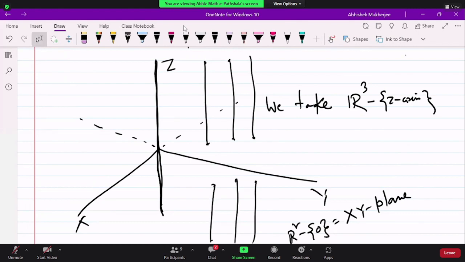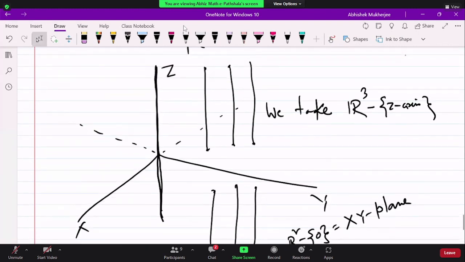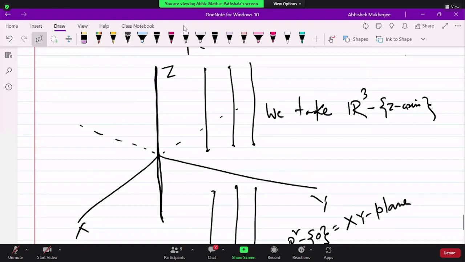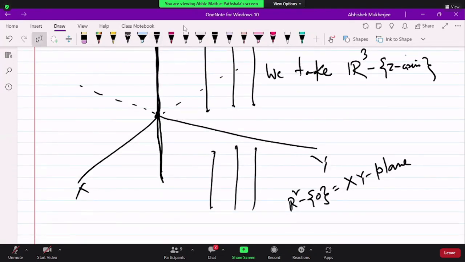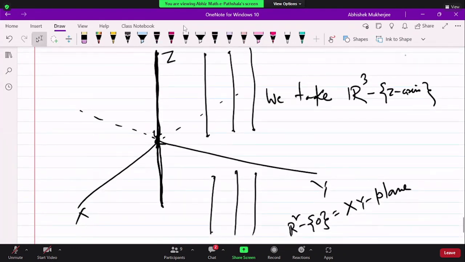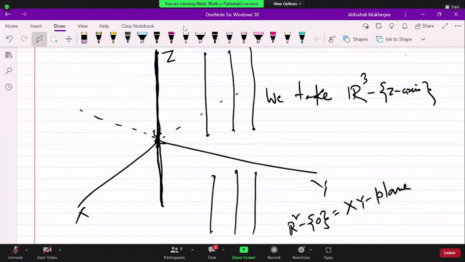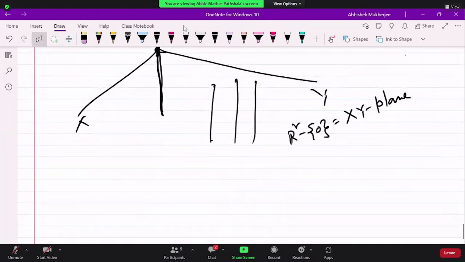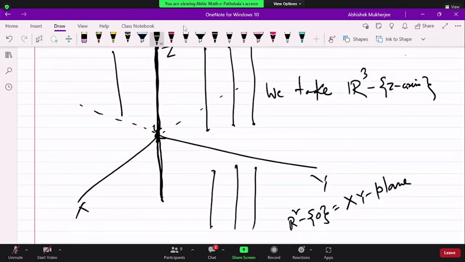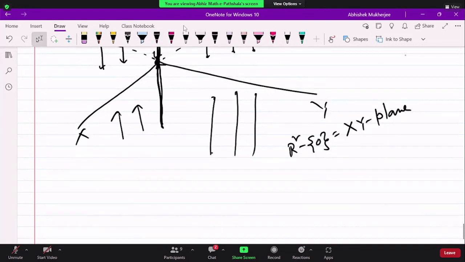Just the Z axis remains here, and you are collapsing the points of the upper Z axis to this one, and from the lower Z axis to this one. Okay. So now, if you want to delete that Z axis, so from this one, you are having the, right?